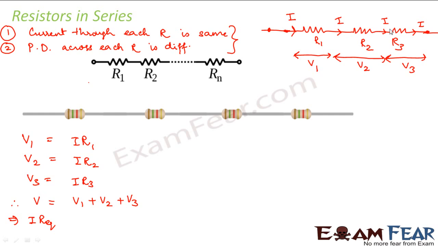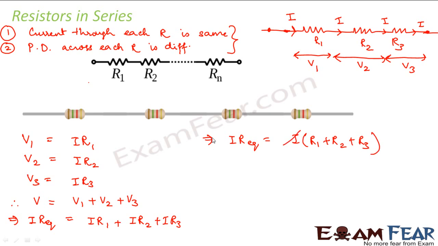That is, if V is the total potential difference between these 2 points and I is the total current flowing through this circuit and R equivalent is the equivalent resistance of this circuit, we can say V is equal to I into R eq. So this will be equal to IR1 plus IR2 plus IR3. So from this we can say I R equivalent is equal to I into (R1 plus R2 plus R3).